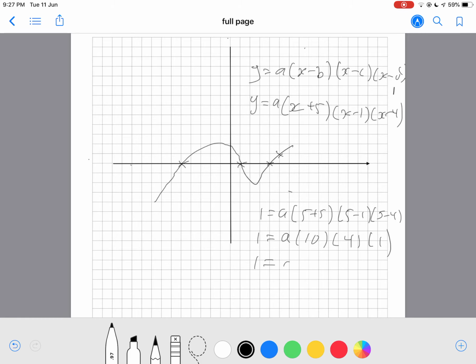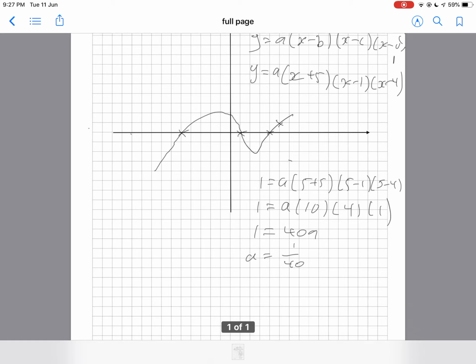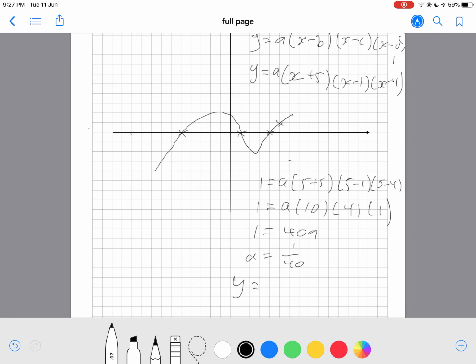So 1 equals 40a, therefore a equals 1 over 40. Therefore our equation is y equals 1 over 40, x plus 5, x minus 1, x minus 4.